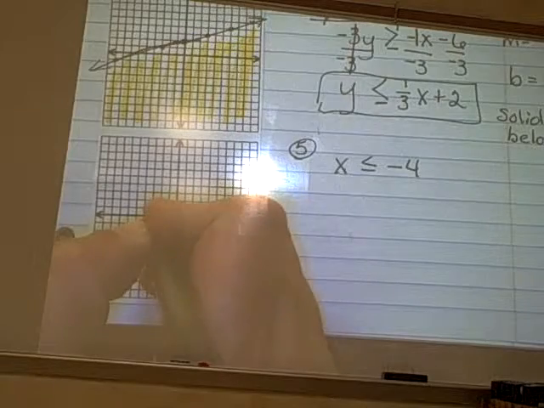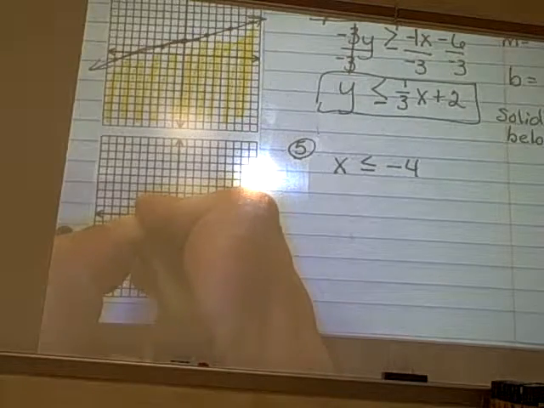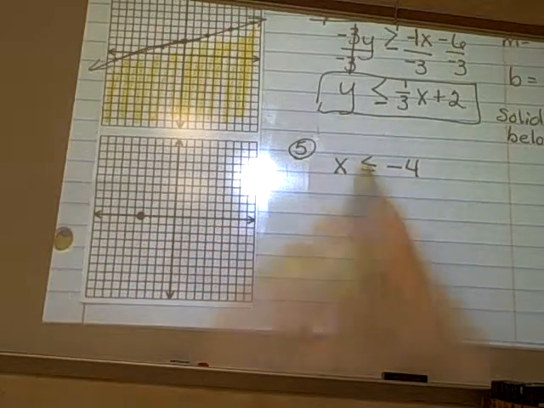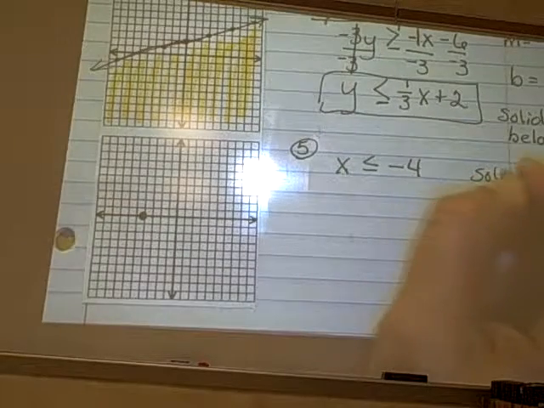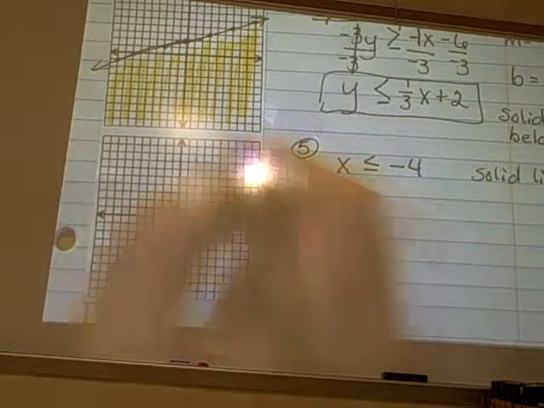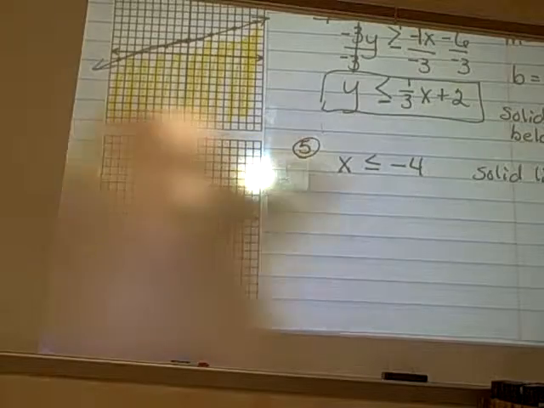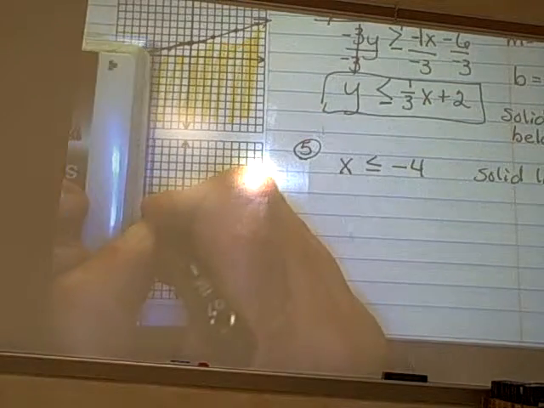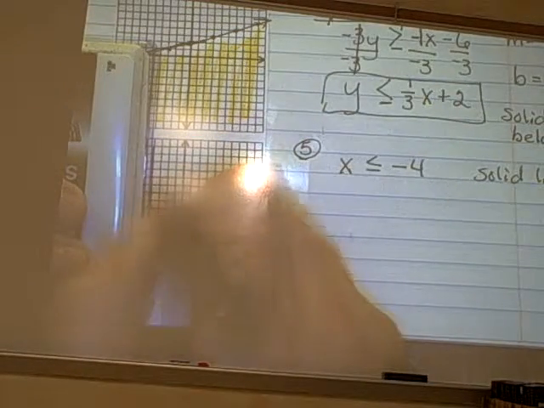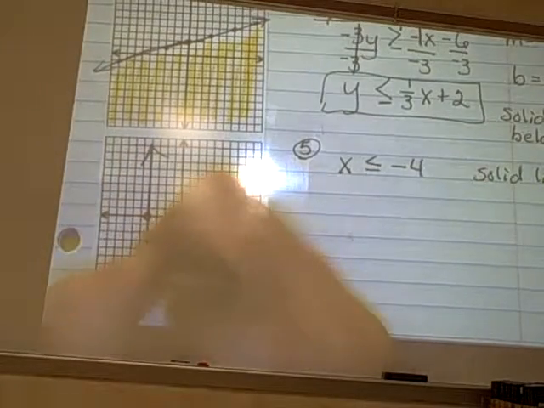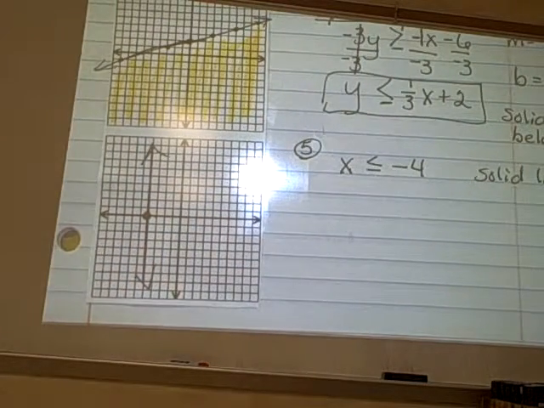So 1, 2, 3, 4. And is it dotted or solid? It's a solid line. So we're going to draw a solid line straight up and down like this. Okay, here's the trick though. Can I shade above or below that?